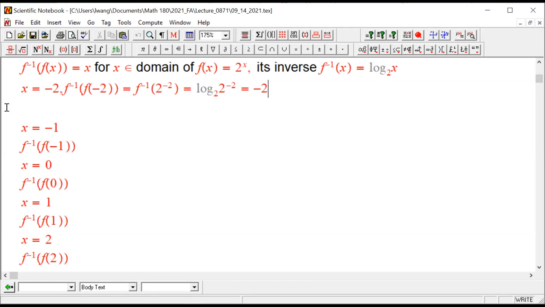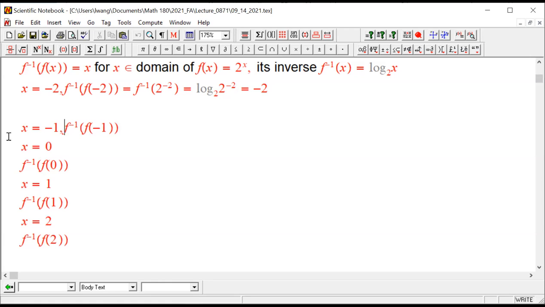Do you guys see that? The next one. So I have f inverse of f of -1.